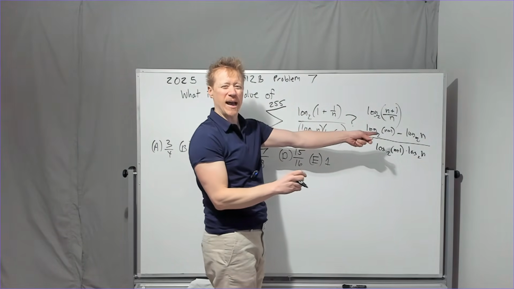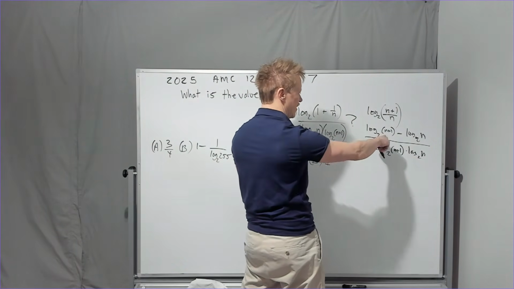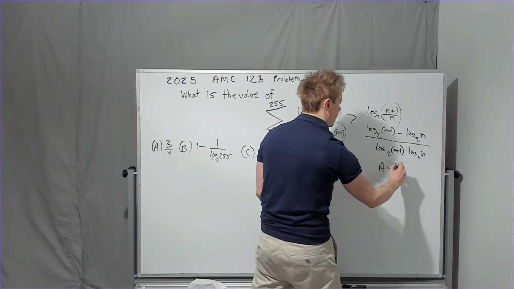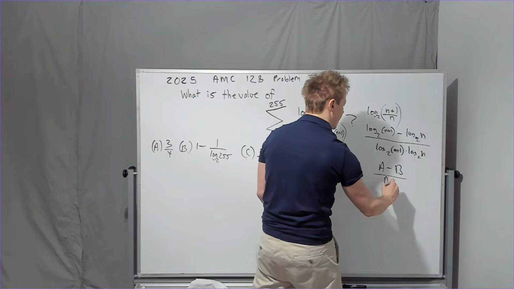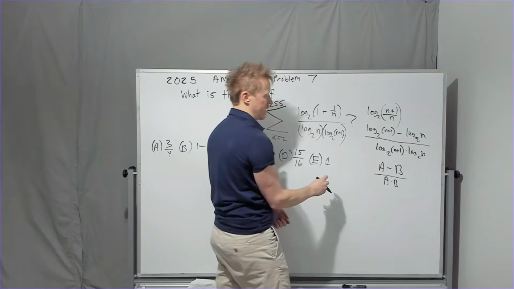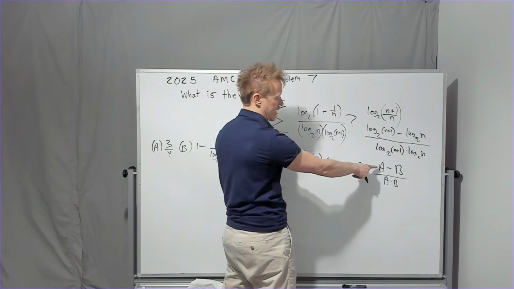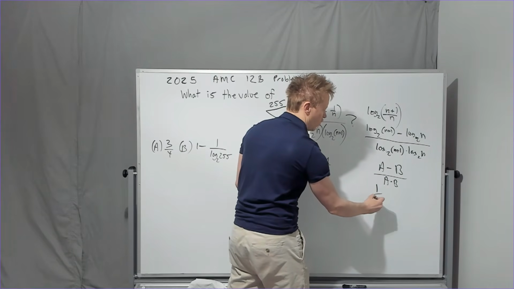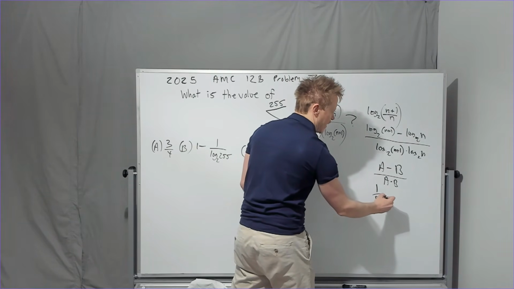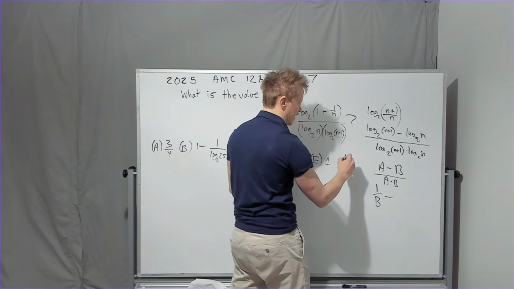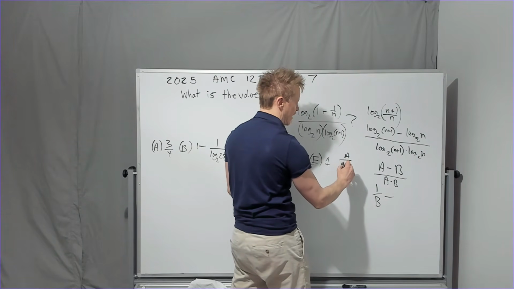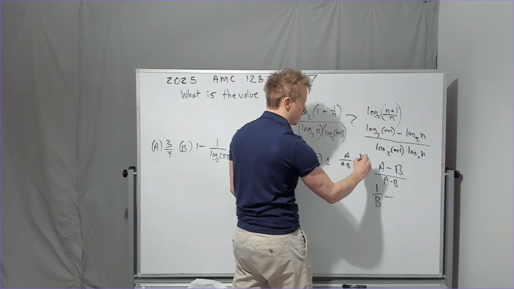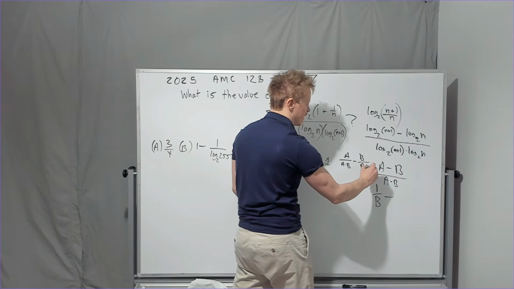At this point, I went ahead and switched this to become a, that to become b, and then a times b like this. Then I said, what's a over a times b? It's 1 over b. And then I'm minusing, you're basically doing this, a over a times b minus b over a times b.